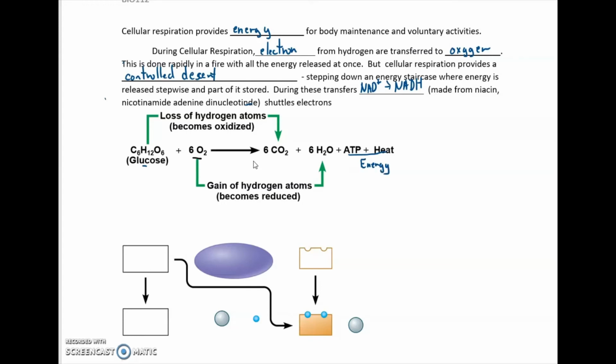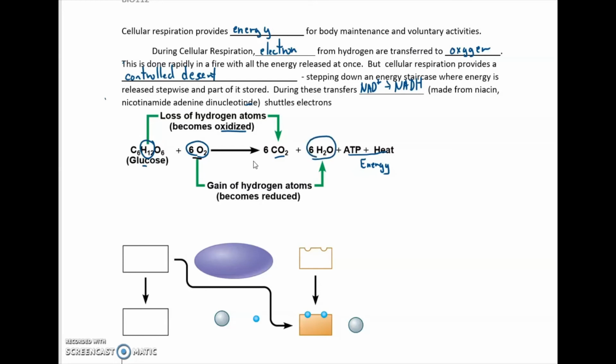The glucose is going to lose hydrogen atoms and become oxidized. So the glucose here, the carbons are associated with these hydrogens, but in carbon dioxide there are no hydrogens. The oxygen is going to gain the hydrogens. Here's the oxygen, and it gains hydrogens.